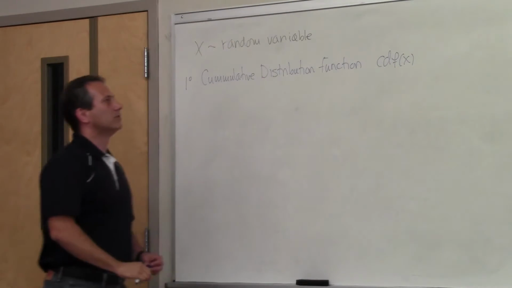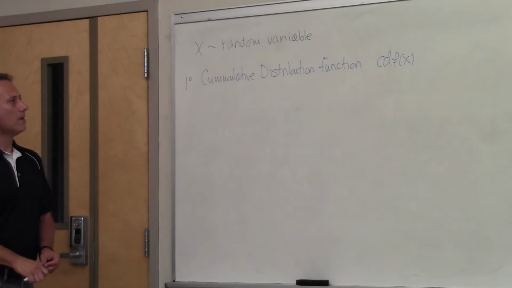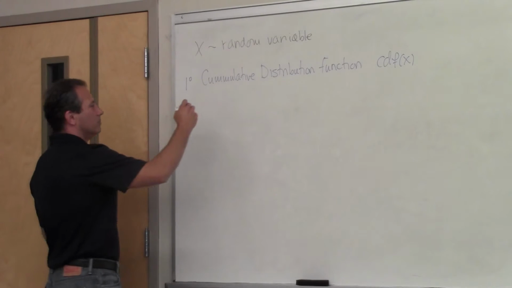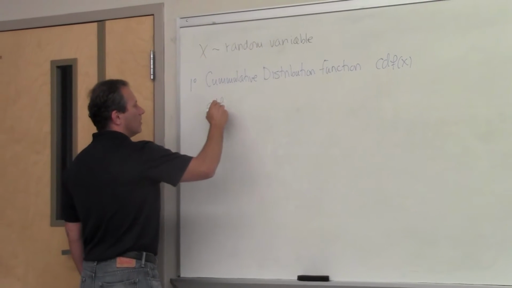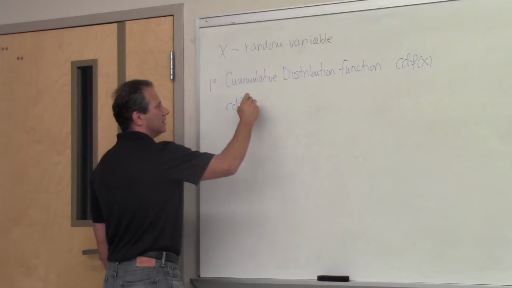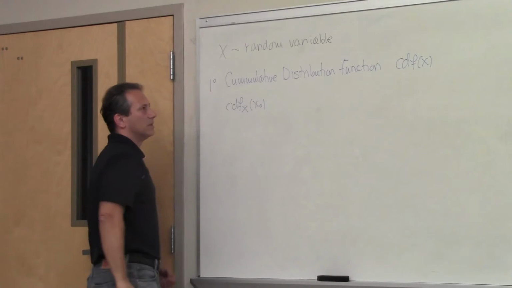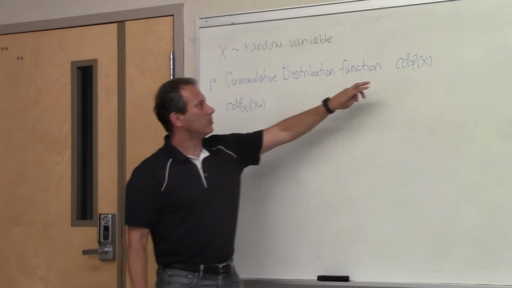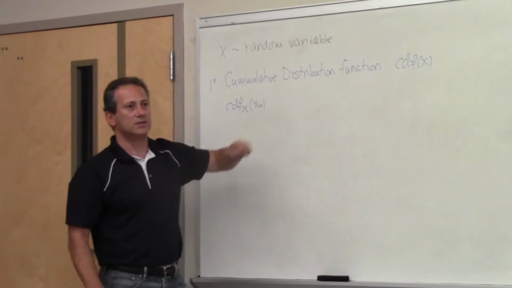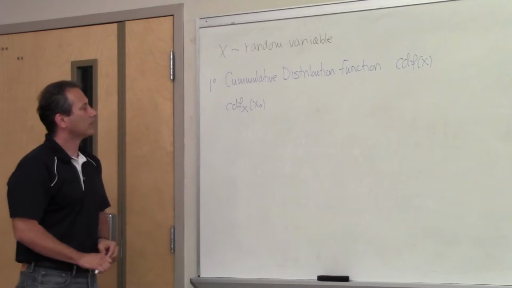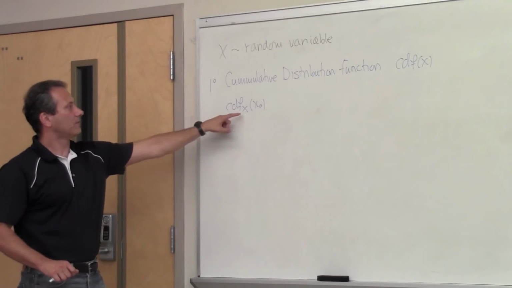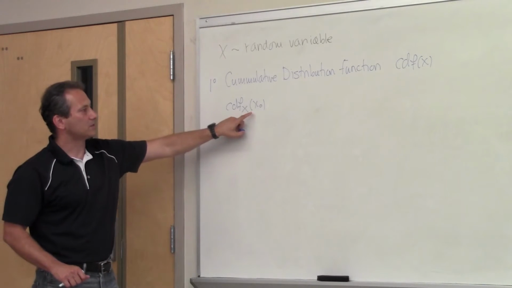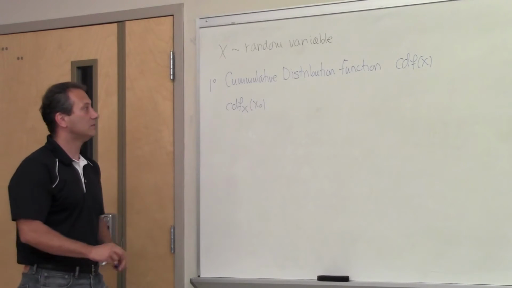There's going to be quite a bit of notational abuse here. The proper way to write it would be the CDF of the random variable X at a given point x0. But usually this X is removed, and then whatever I put in the parentheses is actually the same as the random variable. So how is the CDF of random variable X at a given point x0 defined?